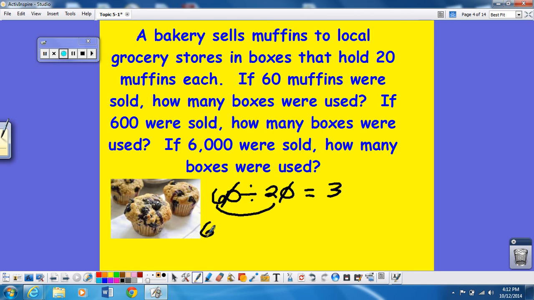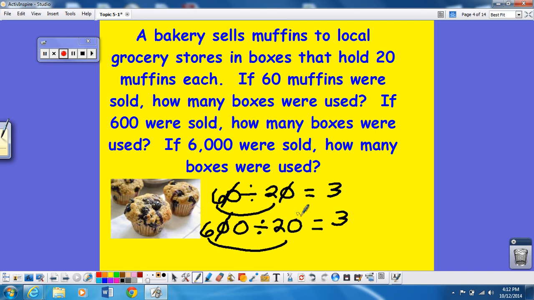Now let's make it a little tougher. If we know 600 muffins were sold, and we know each box of muffins has 20 in it, let's follow the same pattern. Find your familiar fact, 6 divided by 2, and we know that is 3. Now remember, because we're dividing, we're going to cancel our zeros out across the sign.